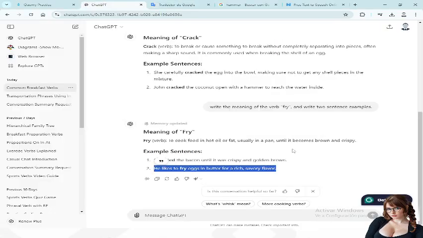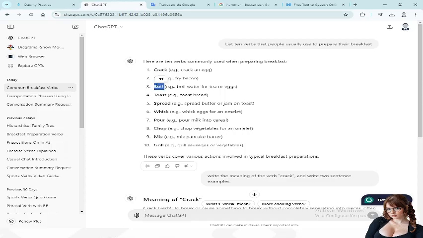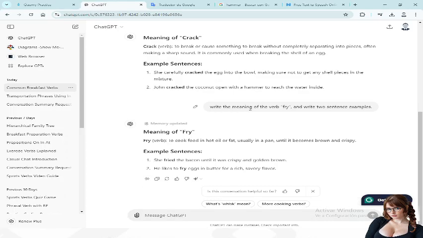And right now, we're going to continue with the next verb. The next verb is boil.